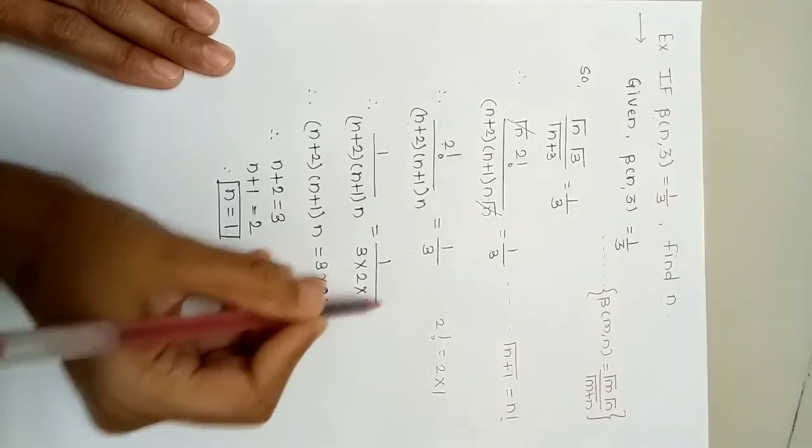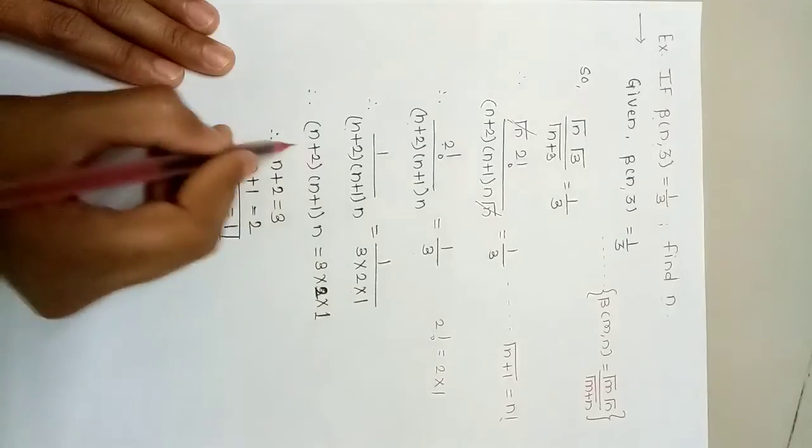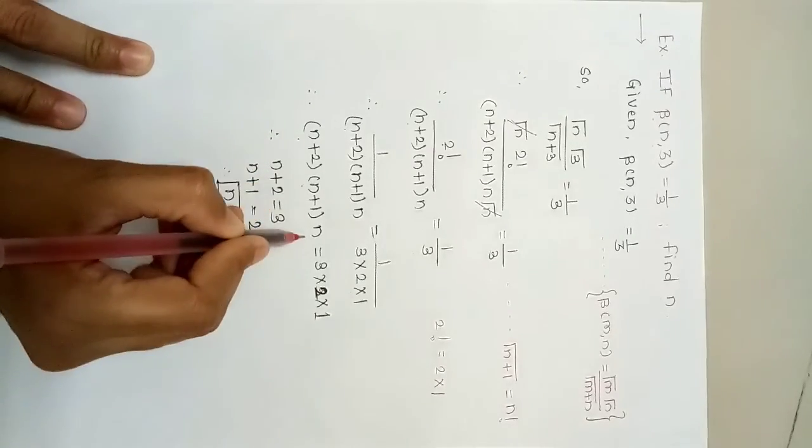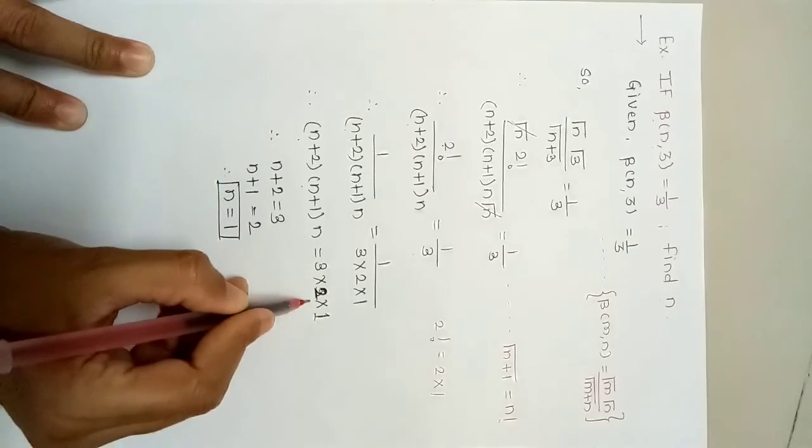We can take the reciprocal of this whole term, that will become n plus 2 into n plus 1 into n is equal to 3 into 2 into 1.